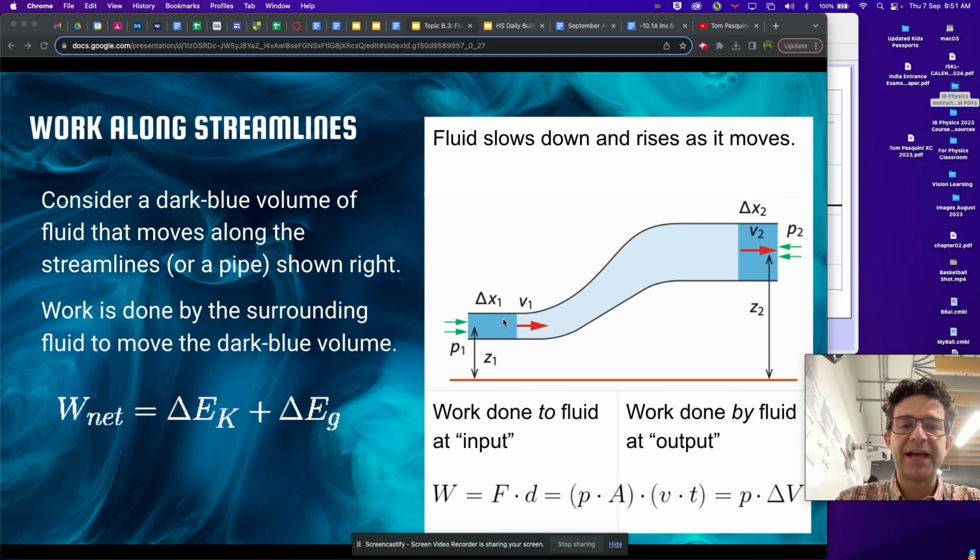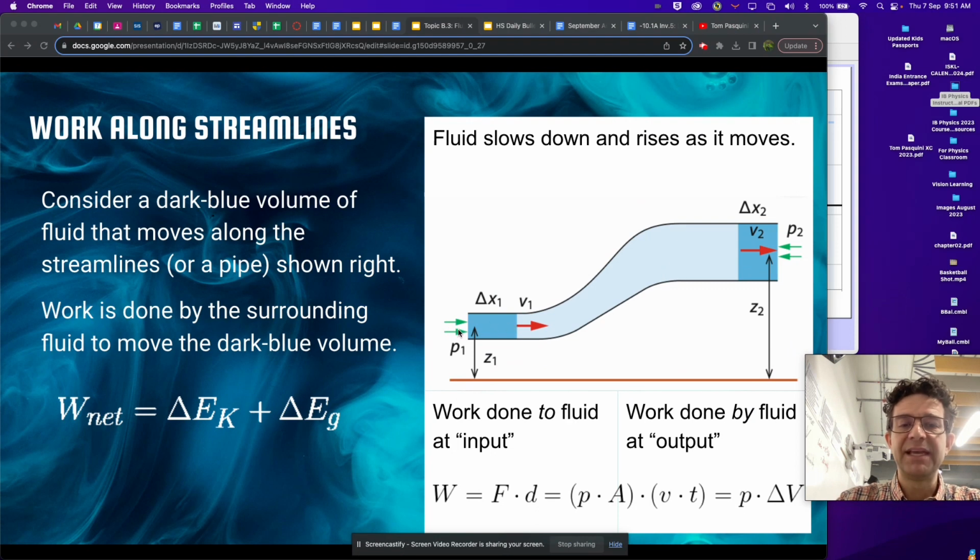We're going to imagine that this chunk of fluid has to be pushed inward at a constant velocity because of the pressure of the fluid behind it. There's a force being exerted by the fluid on this part of the pipe that's not shown. The work being done will be equal to that force times the displacement.